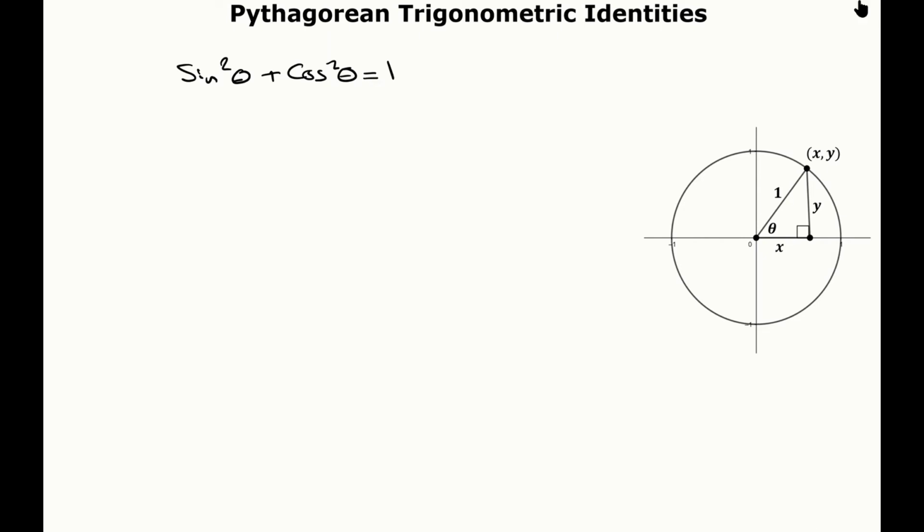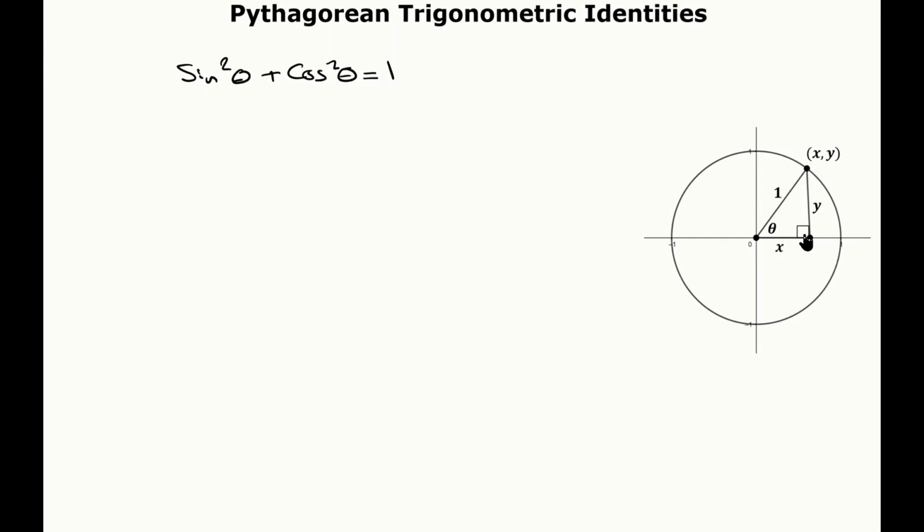And of course, that's very easy to see once we're familiar with the unit circle, because if we take any angle theta, we can see that the point of intersection with the unit circle of the terminal side of theta, xy, is going to represent the cosine of the angle and the sine of the angle.